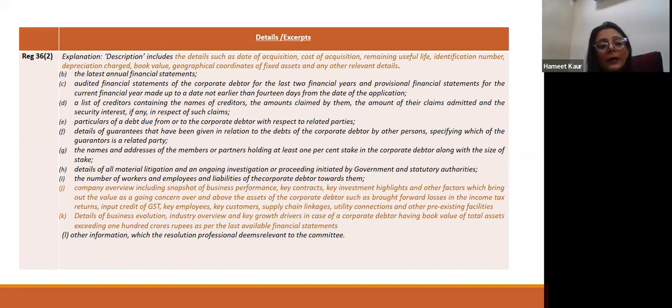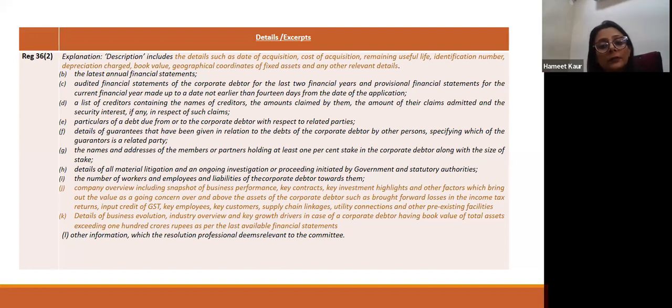Therefore, in October 2023 itself, the IRP and RP have been cast a duty to take into account even delayed claims. So why not start the process since inception, so that we can have a smooth CIRP within the prescribed timelines.